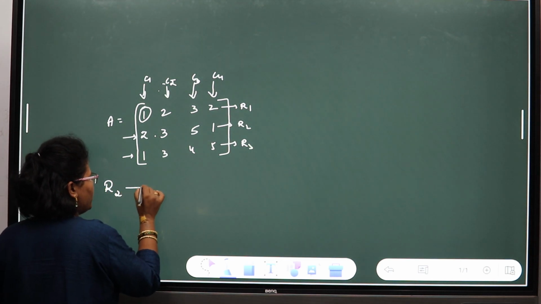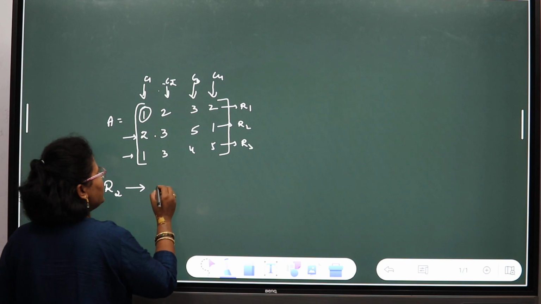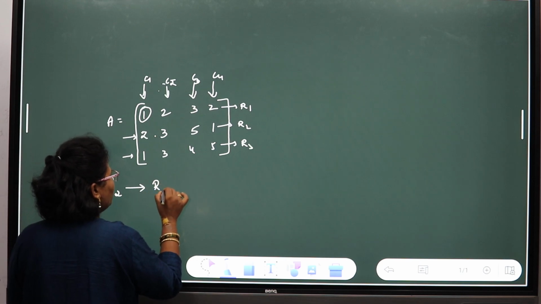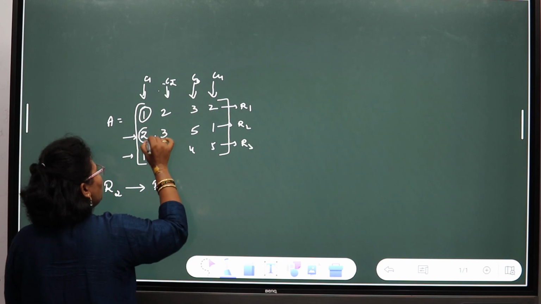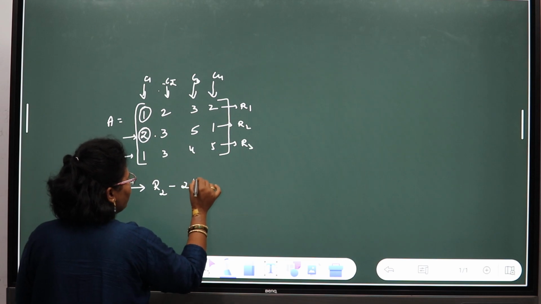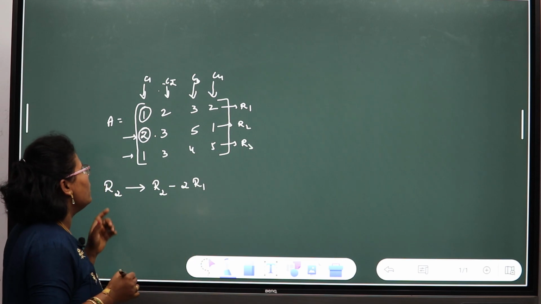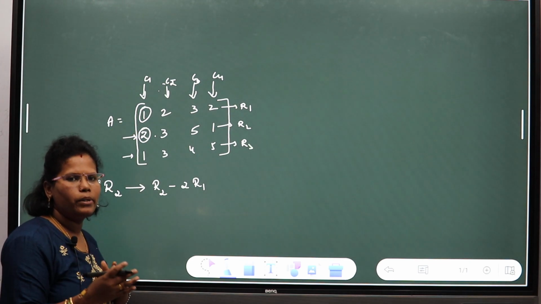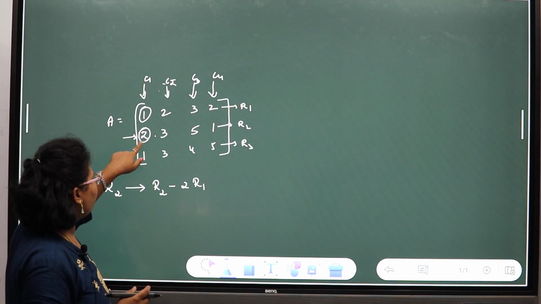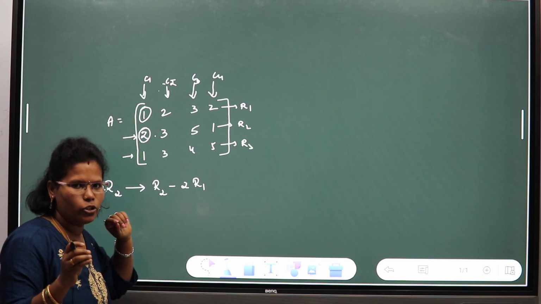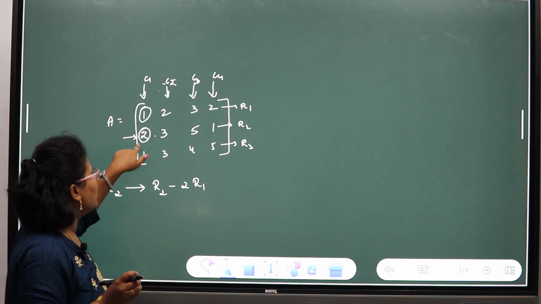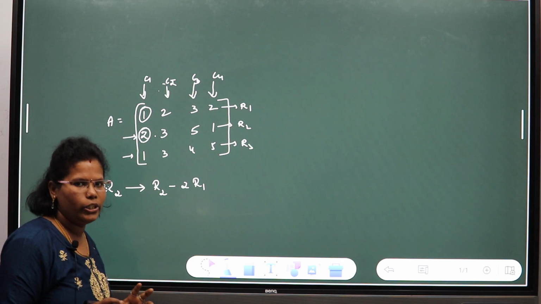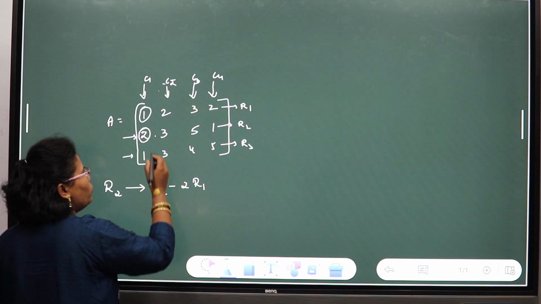So R2 changes to R2 minus 2 times R1. Why am I taking 2? Because I get 0 when I have the same numbers with opposite sign. Here I have plus 2, I want minus 2, so that the element below the leading element becomes 0. Now we do that operation.